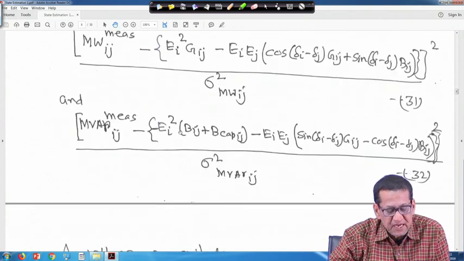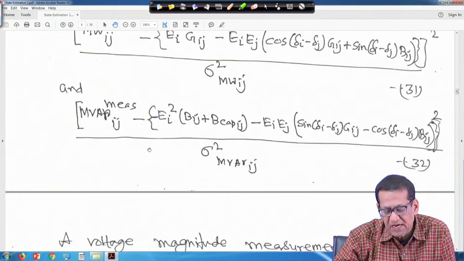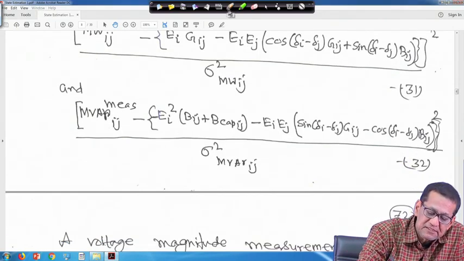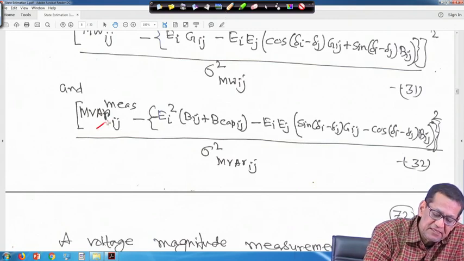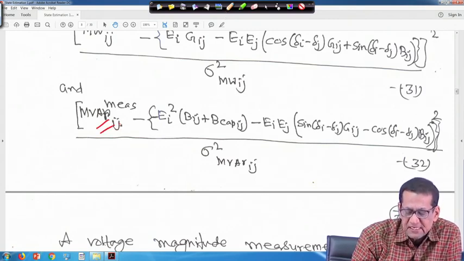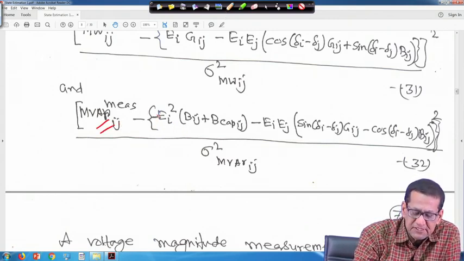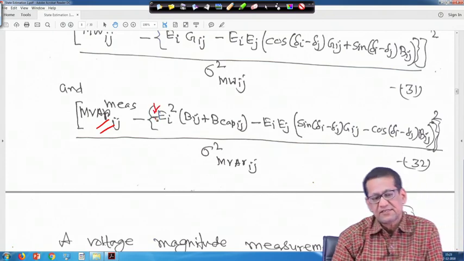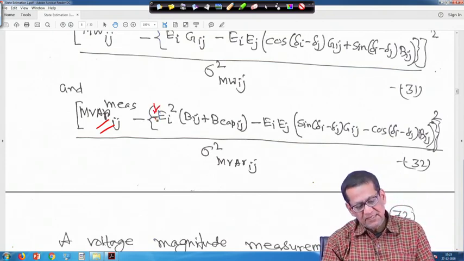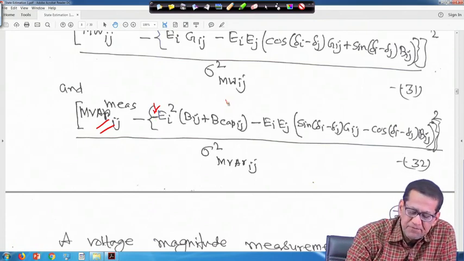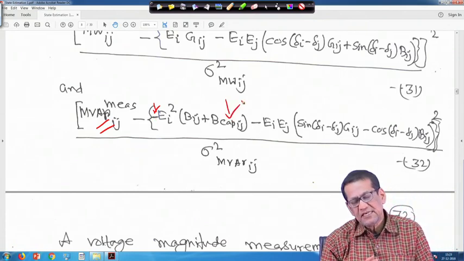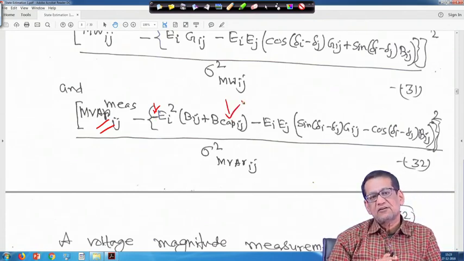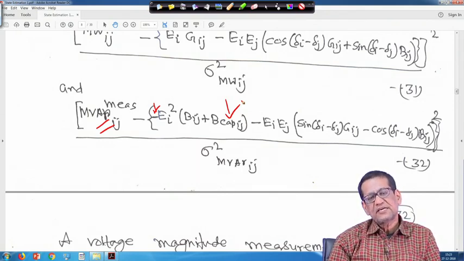Next, similarly, if it is a megavar, then it is megavar Ij, that is your measured value, minus, in bracket, minus Ei square Bij plus B cap Ij, because line I and j has charging capacitance, that means you have the charging susceptance, which also needs to be taken care of.